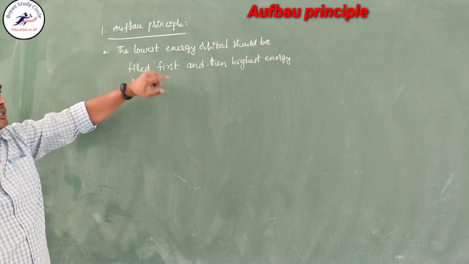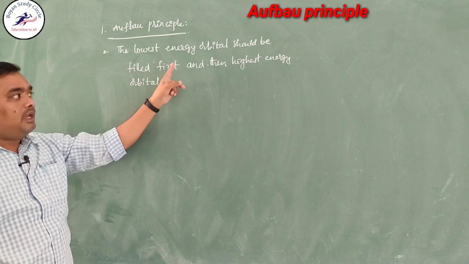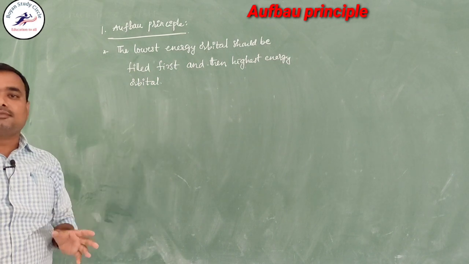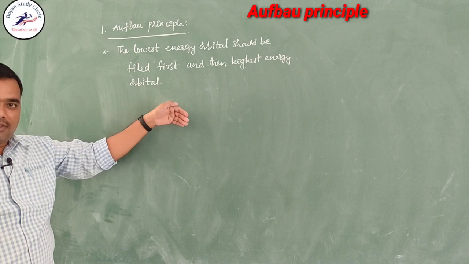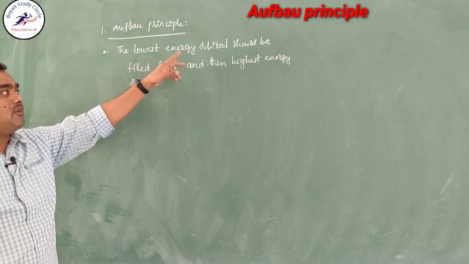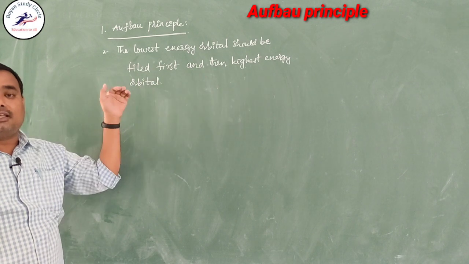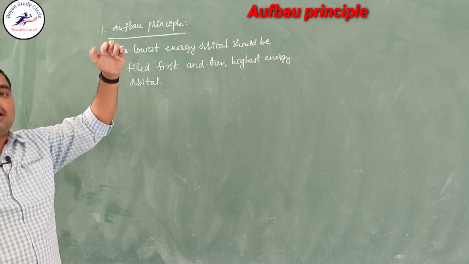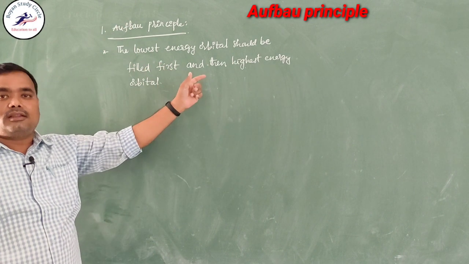So when you are writing the electrons into orbitals, you should fill the orbital which has the lowest energy first and then the highest energy. In that way, from lowest energy to highest energy, in order, you have to fill the electrons.